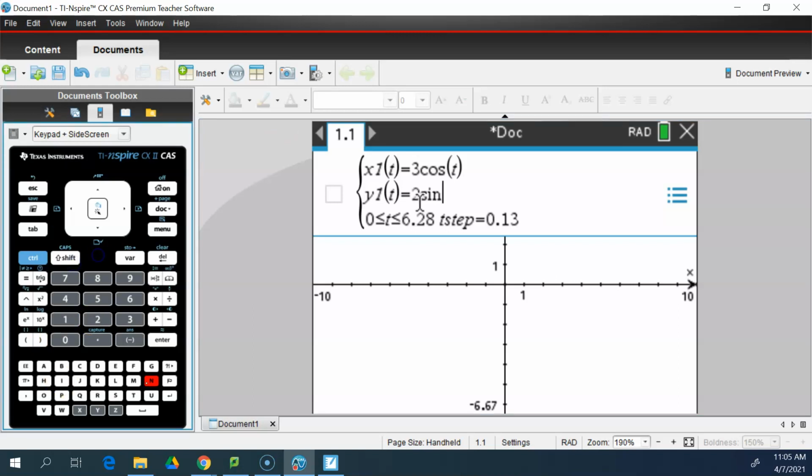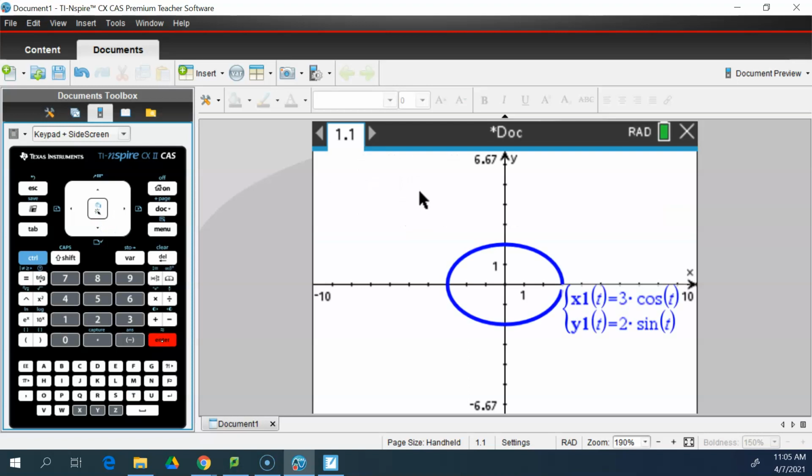Now, if you're on Desmos, obviously you're typing this 3 cosine of t in the x part of that one, and go there. Love it, and enter.